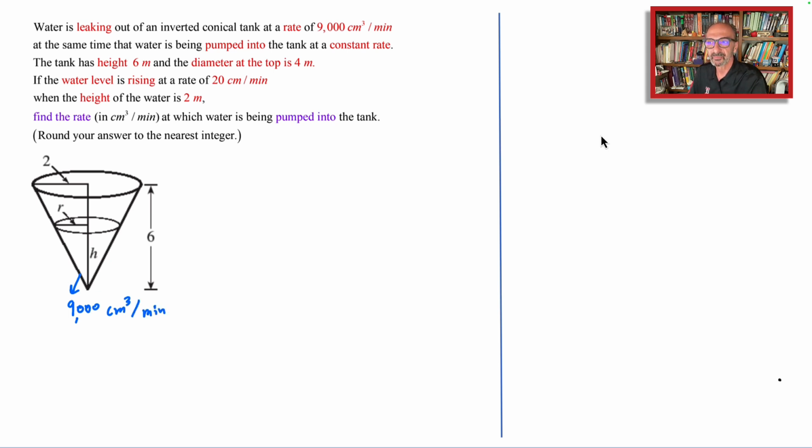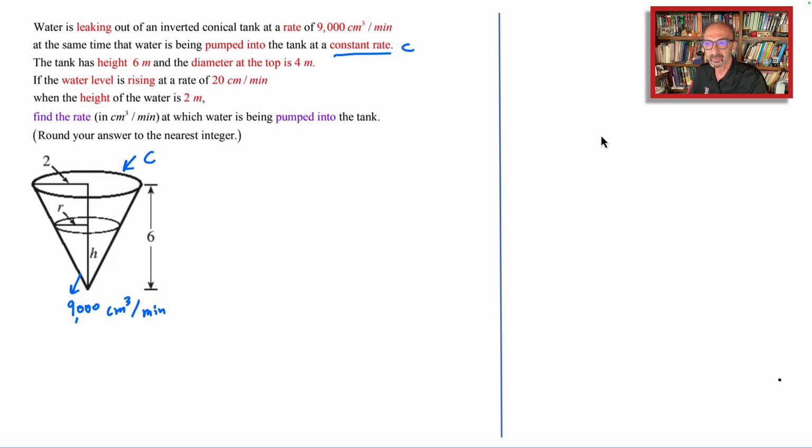The second line, it says at the same time the water is being pumped into the tank at a constant rate. Since it's unknown as a constant rate, let's call it C. So we have water coming in with a C constant rate.